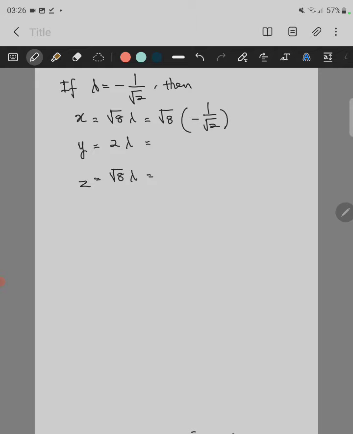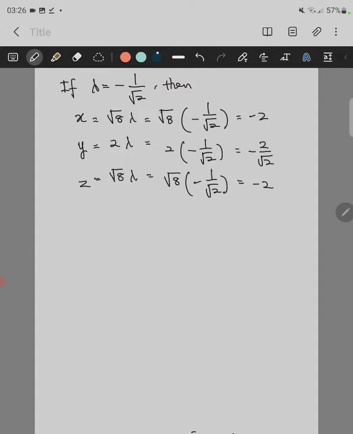Then y will be 2 times minus 1 over square root of 2, and z will be square root of 8 times minus 1 over square root of 2. So x will be minus 2, y will be minus 2 over square root of 2, and z will be minus 2.